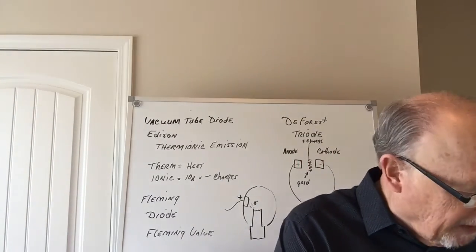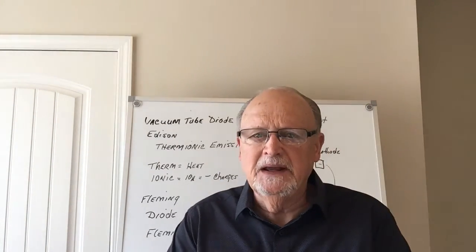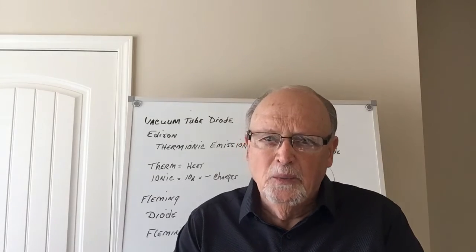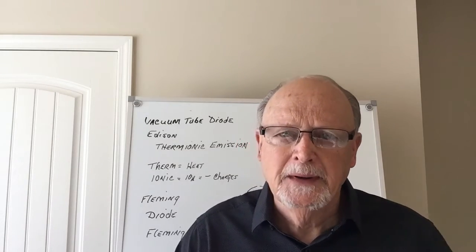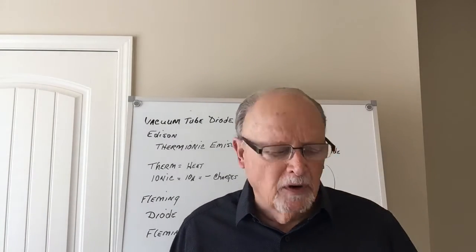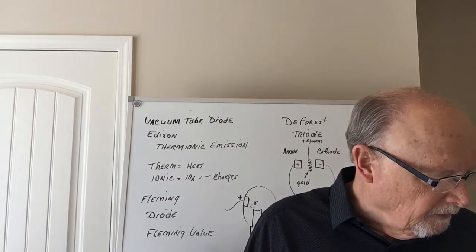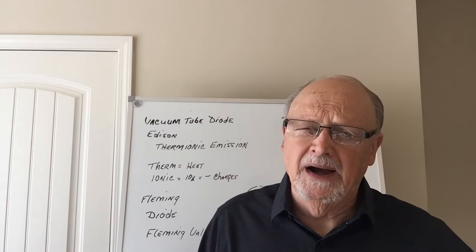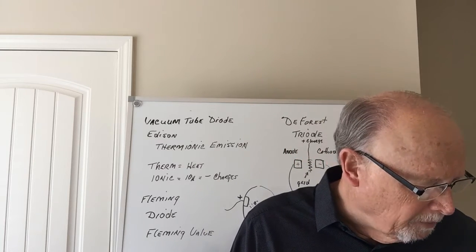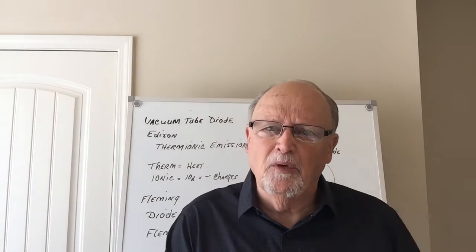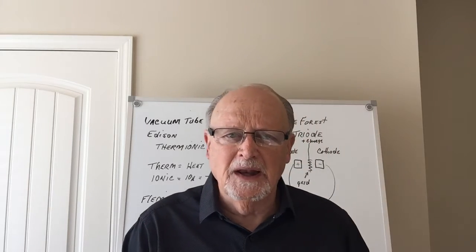Fleming condensed it down to a short area, which does several things. One, you don't need as much voltage to cause those electrons to move as you would in the thermionic emission bulb. There's a greater distance there, so you need more voltage, more power to move those electrons.